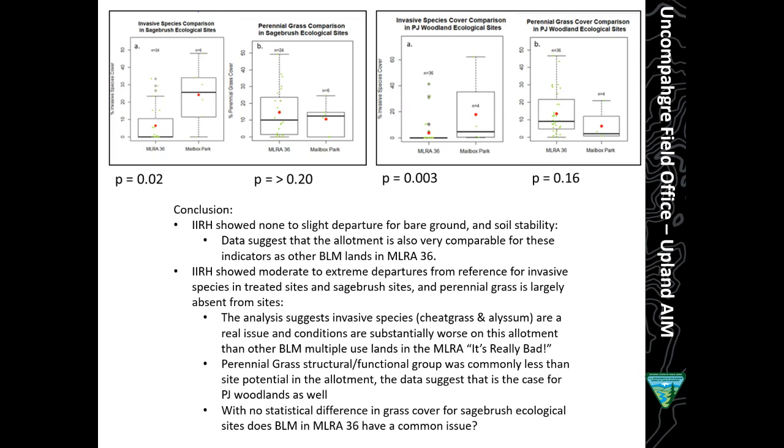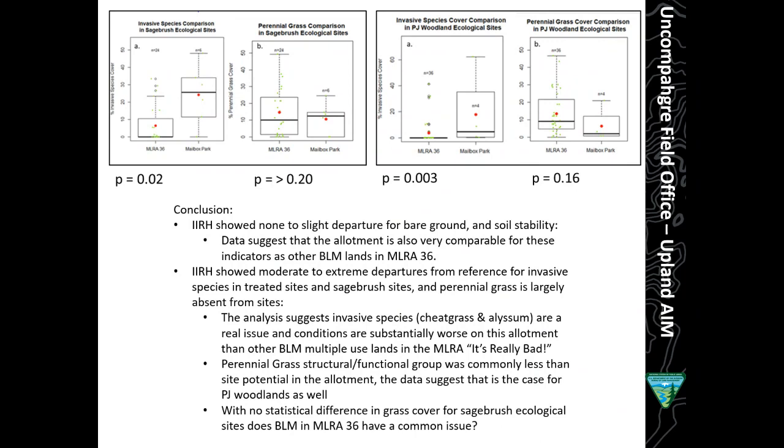Whereas for biotic integrity, we showed moderate to extreme departures from reference for invasive species in both treated sites and sagebrush sites, and perennial grass is largely absent from several sites within sagebrush ecological sites in this particular allotment.